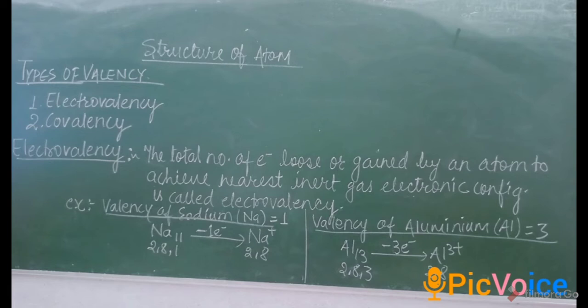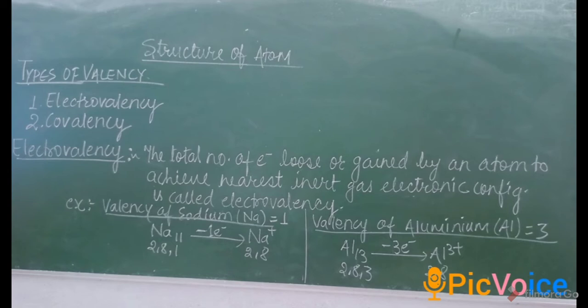The sodium atom can lose this electron to form a sodium ion to achieve the nearest inert gas electronic configuration of neon. Since a sodium atom loses one electron to achieve the inert gas electronic configuration of neon, therefore the valency of sodium is 1 or 1 plus.